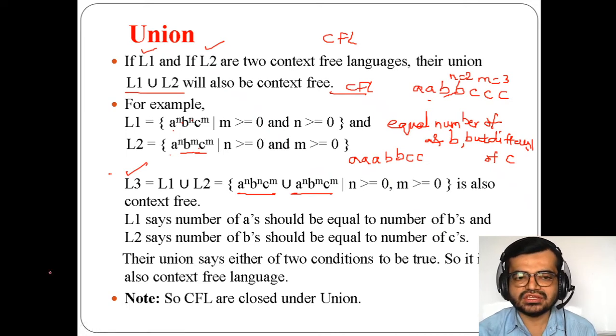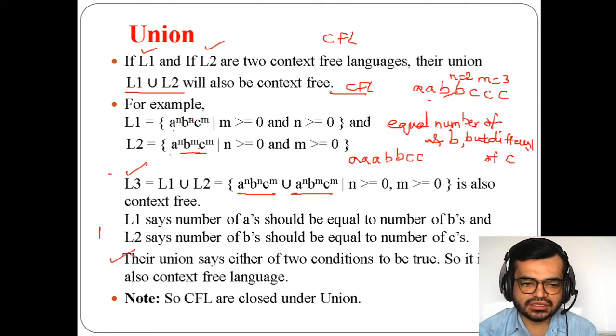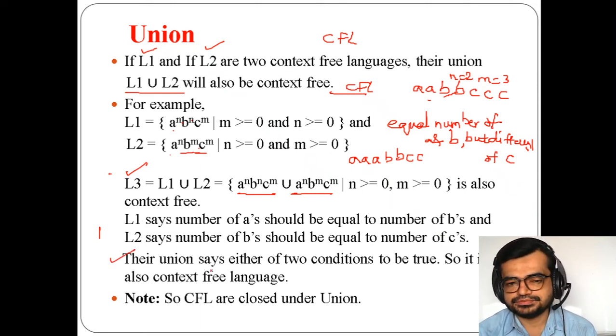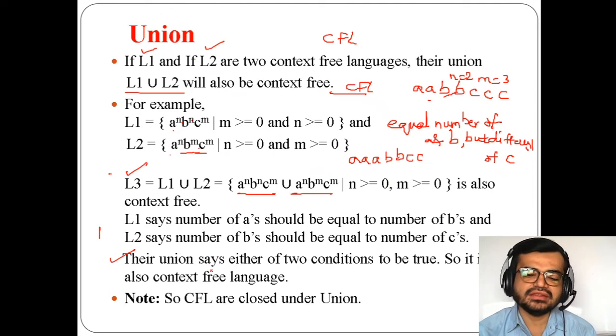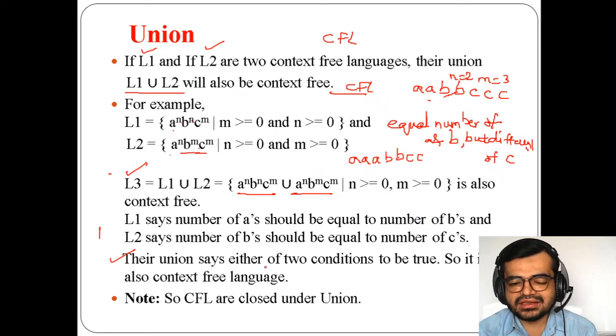Union is like an OR operation. If this is true or that is true, their union says that either of these two conditions is to be true. This line is very important. If either of these two conditions is true, it means that L3 is also a context free language.